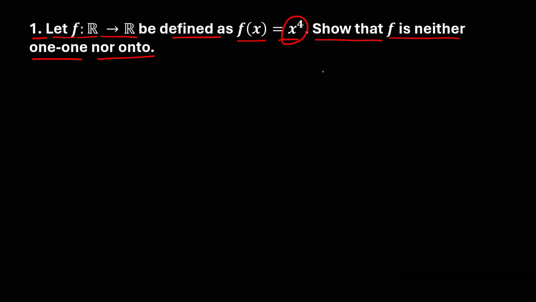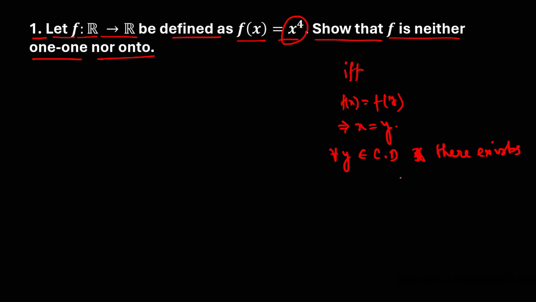So first recall that a function f(x) is one-one if and only if f(x) equal to f(y) implies x equal to y, and a function is onto if and only if for all y belonging to the codomain there exists an x in the domain such that f(x) equal to y.